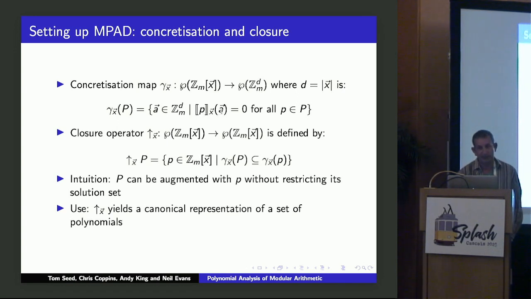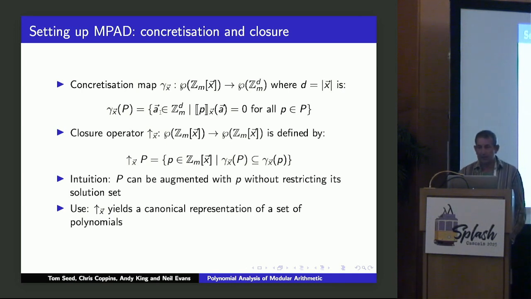So we substitute the value a1 for x1, a2 for x2, and so on. We evaluate p, and if the result is 0, then p describes the tuple of integer values a.